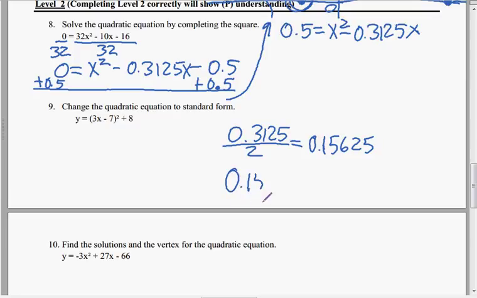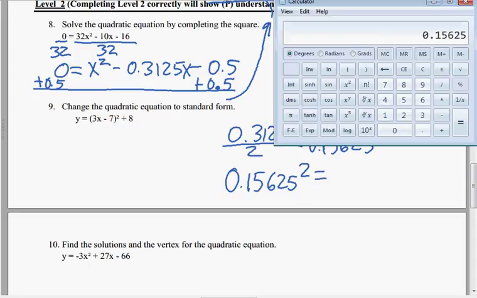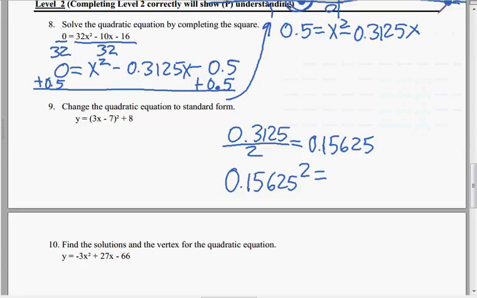Then I'm going to take 0.15625 and square it. If I want a perfect square, I have to have that number squared. On my calculator, I still have that number. I can just put squared, and I get 0.0244.